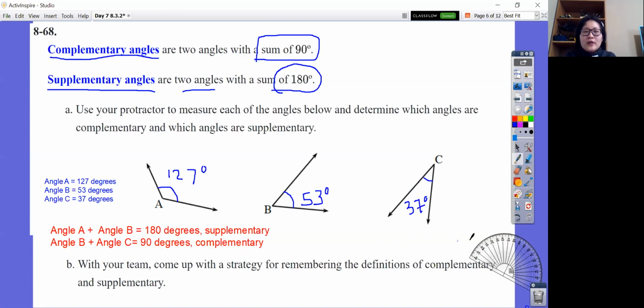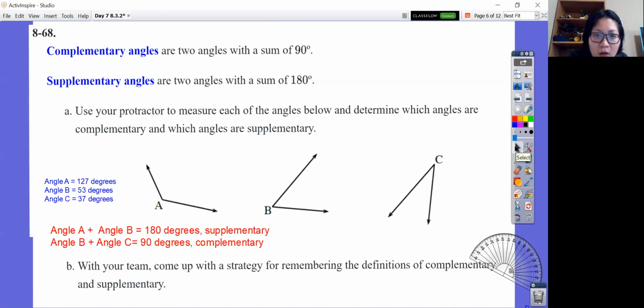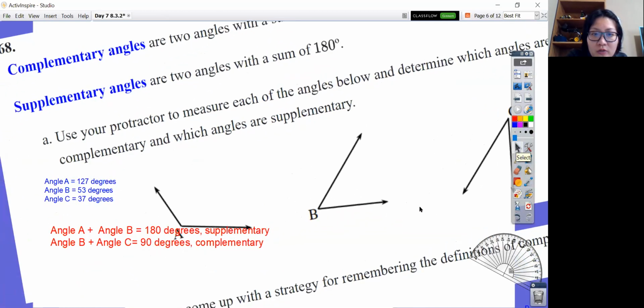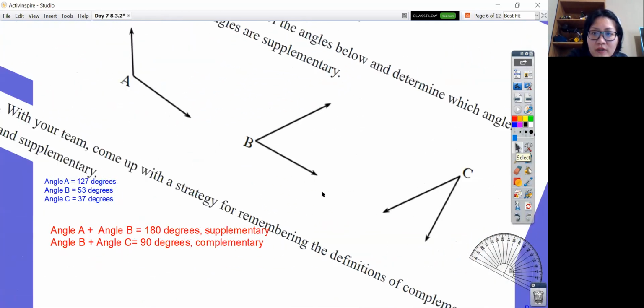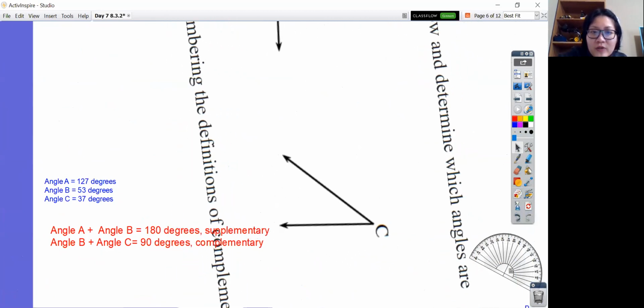Okay. All right, I would like to demonstrate one more time how I use my protractor. If you still do not know how to use your protractor, let me know as soon as possible. Let's say I'm going to rotate my paper however I want. Let's look at angle C, easy for you to see.